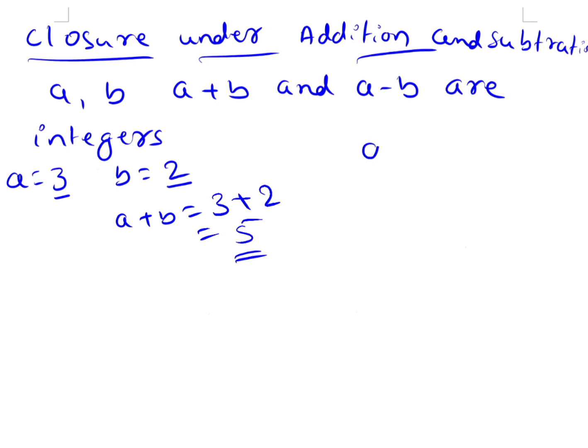Next, a minus b is 3 minus 2, which is 1. 1 is also an integer. Therefore, integers are closed under addition and subtraction.